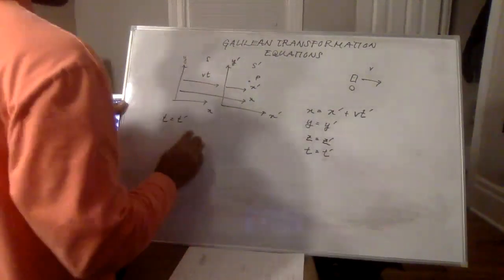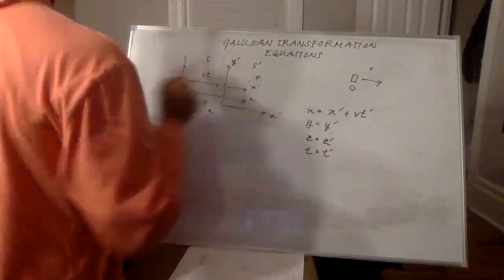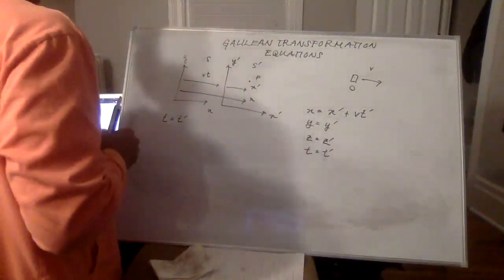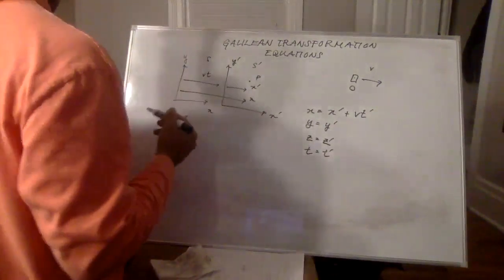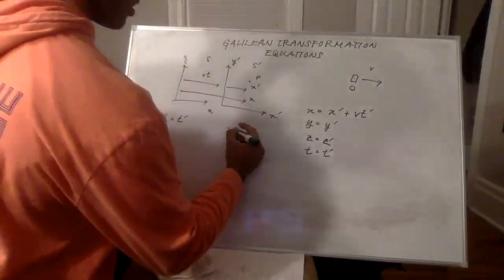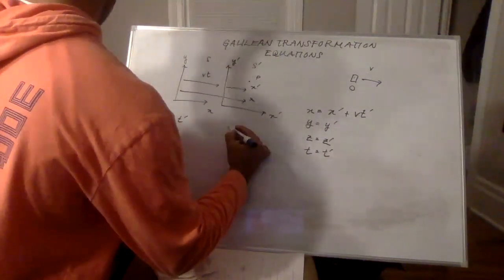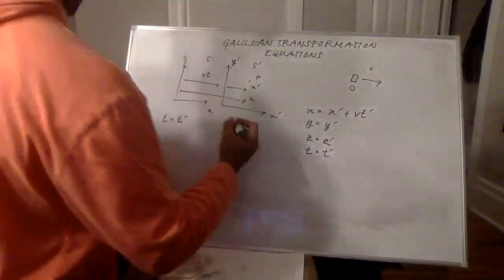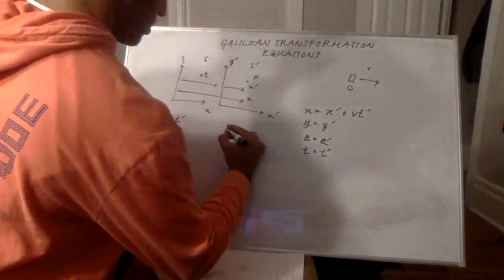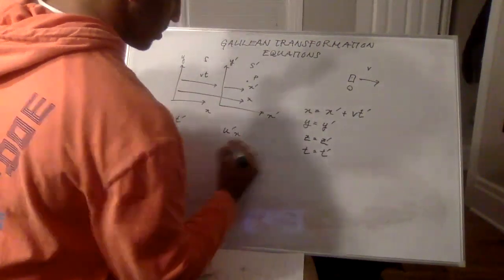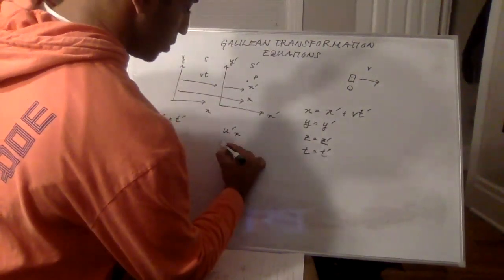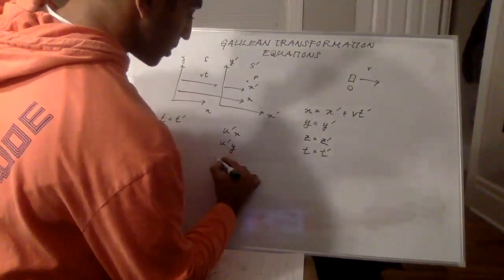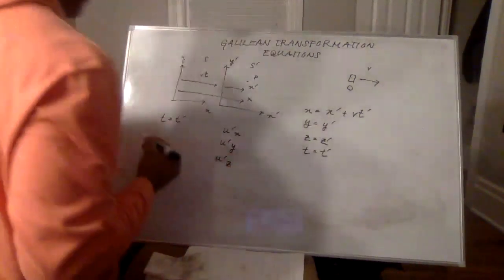Okay, so now let's go a little further. Let's say P starts moving, right? And we'll say P moves in the x direction at a speed of u prime x, in the y direction u prime y, and in the z direction u prime z.